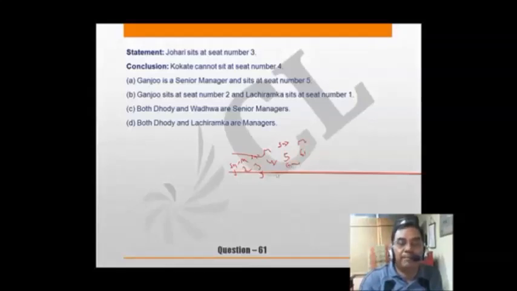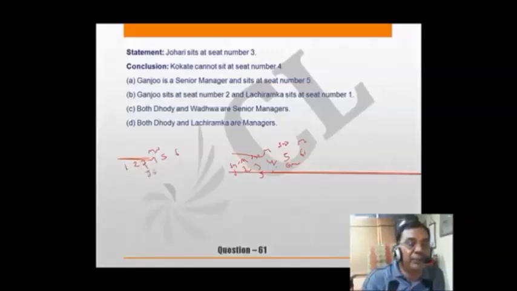Now Kokate can sit at number 4. So this will not be the answer, because he can sit at number 4, since Vadhva and Dhodi I'll put there. So this cannot be the answer. So I'll go again for 5, 6 manager. Johari sits at number 3. Ganju sits at number 2.